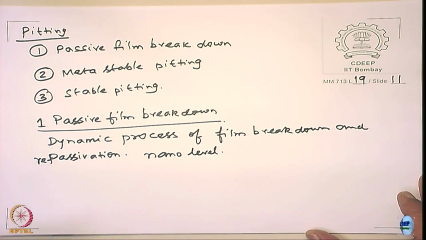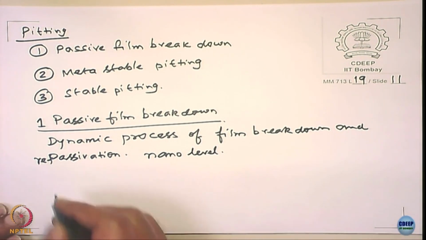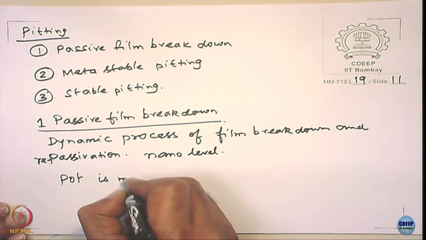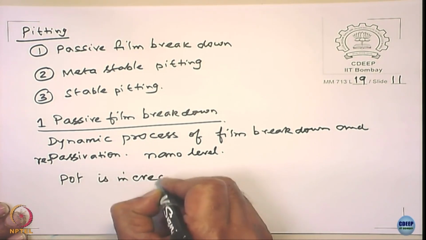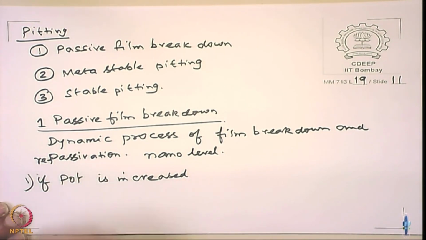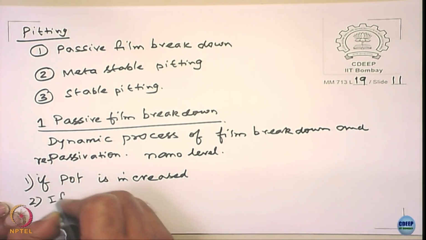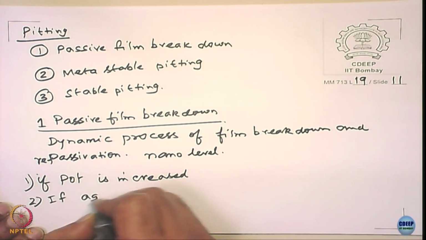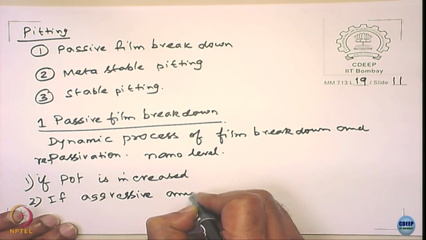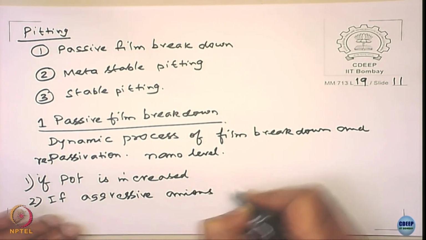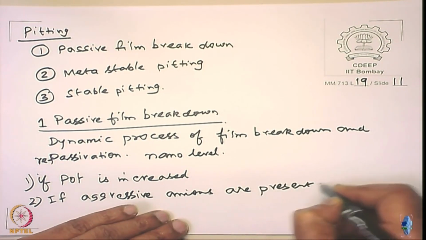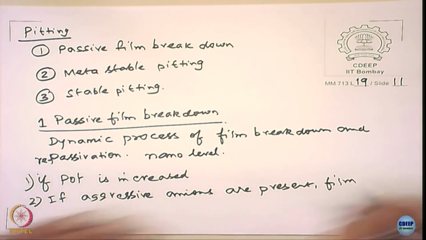if the potential is increased, or if some aggressive anions are present, film breakdown dominates.